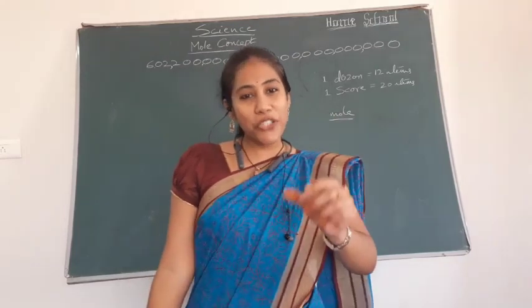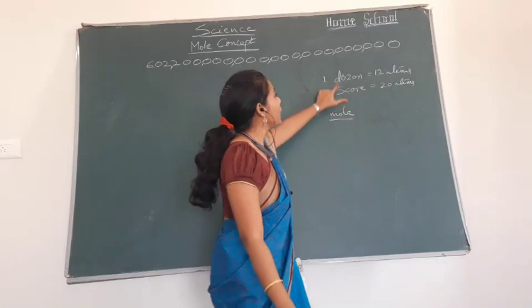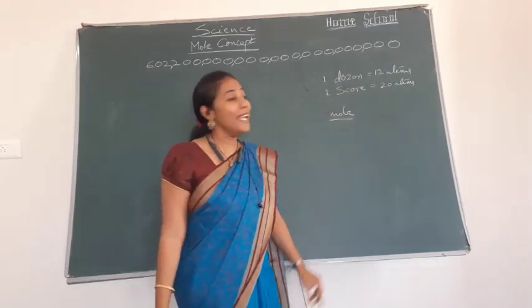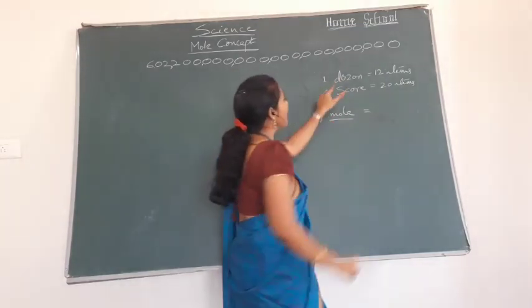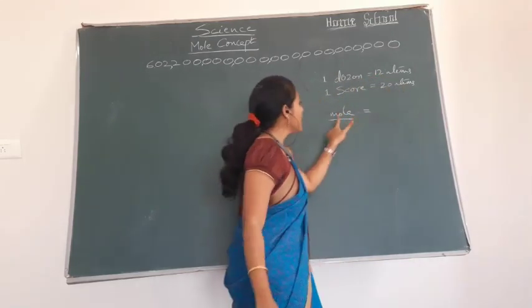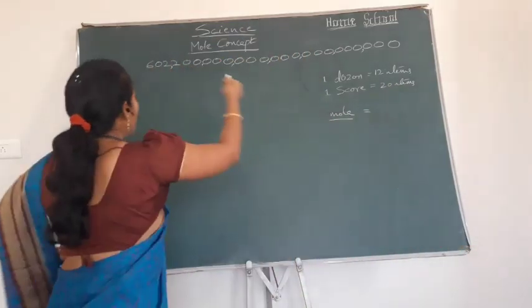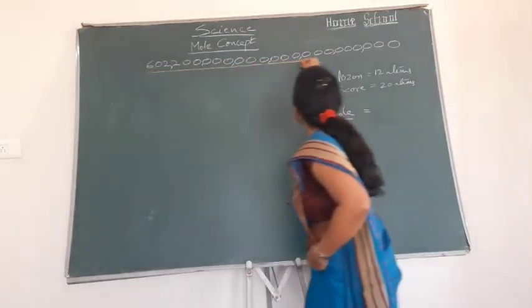So mole is just a term, just like your dozen, score. Okay, and what do you mean by a mole? Say 1 dozen means 12 items, 1 score means 20 items. Similarly, 1 mole is how many items? 1 mole is these many items.